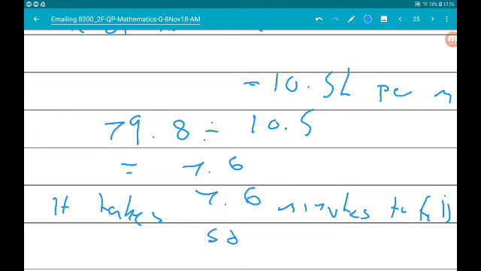The question was, does it take less than 7.5 minutes? The answer is no. If you'd done it the other way, and you do 10.5 times 7.5, you would have got a capacity just less than 79.8 litres. Cool.